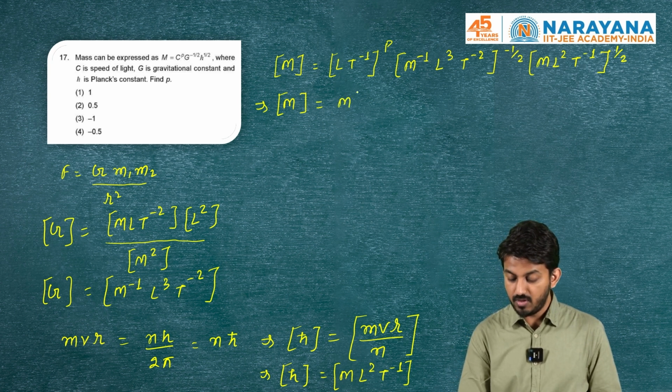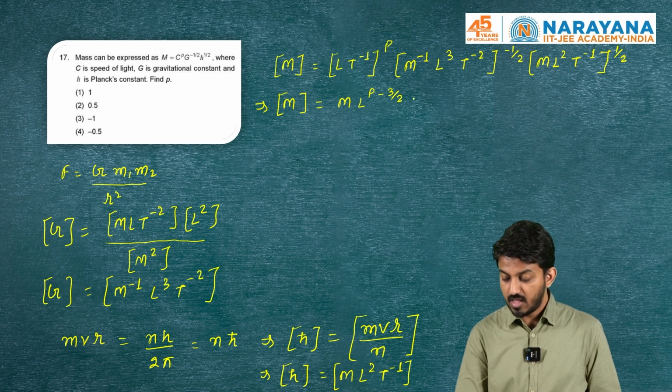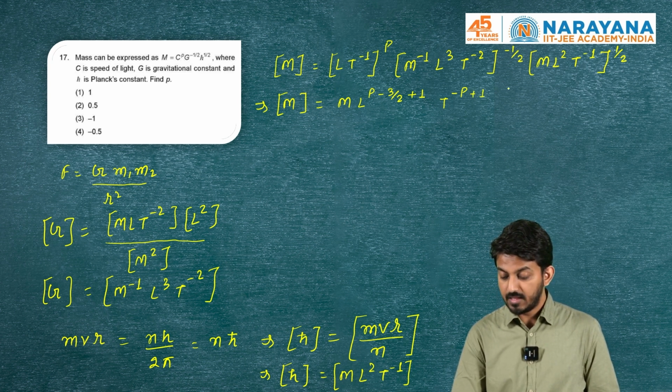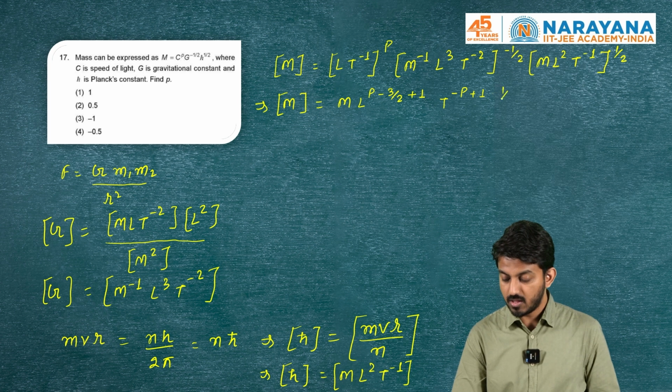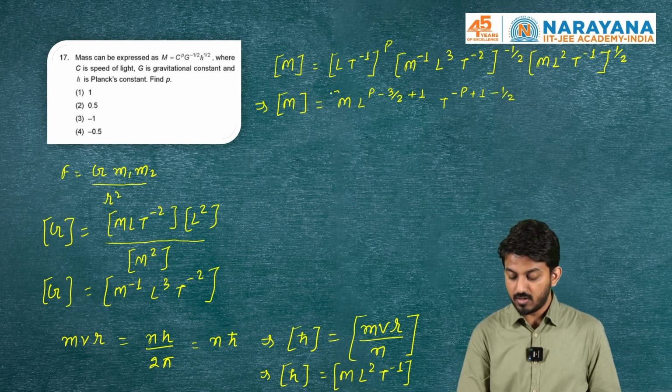So overall m, L to the p minus 3 by 2 from the second term and plus 1 from the third term. For t, I'm getting minus p from the first, plus 1 from the second, and minus half from the third.